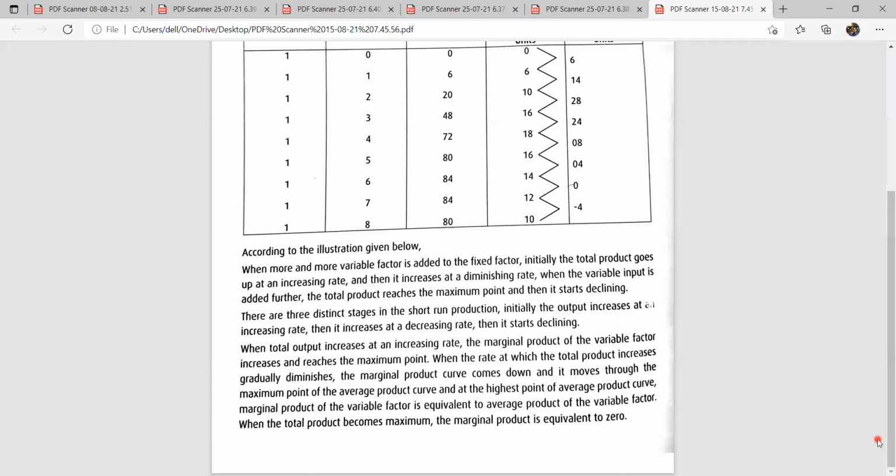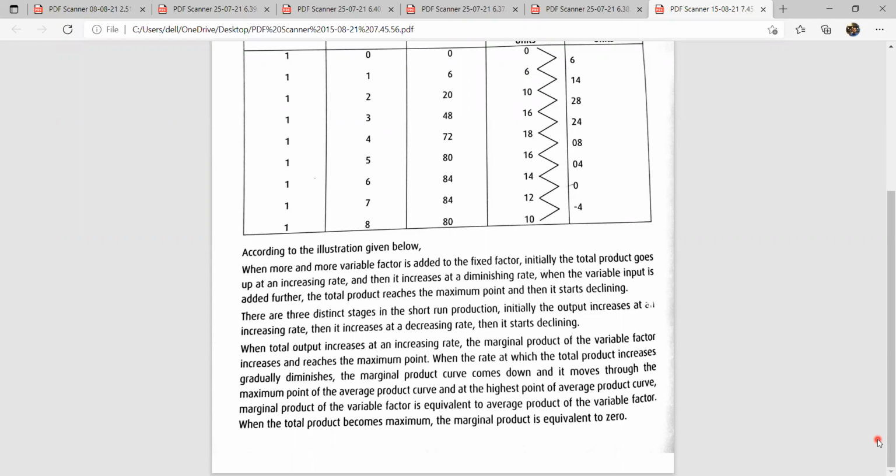Initially output increases at an increasing rate, then it increases at a decreasing rate, and then falls. This is about total production. Later on it declines, and the decline means that at the same time marginal production is negative, which means a fall in production.